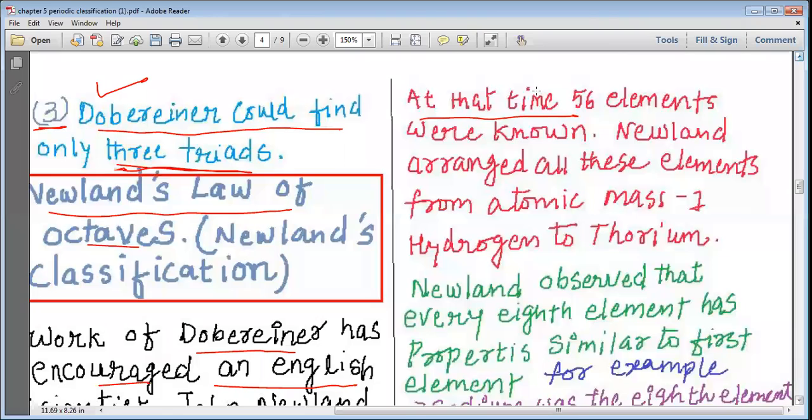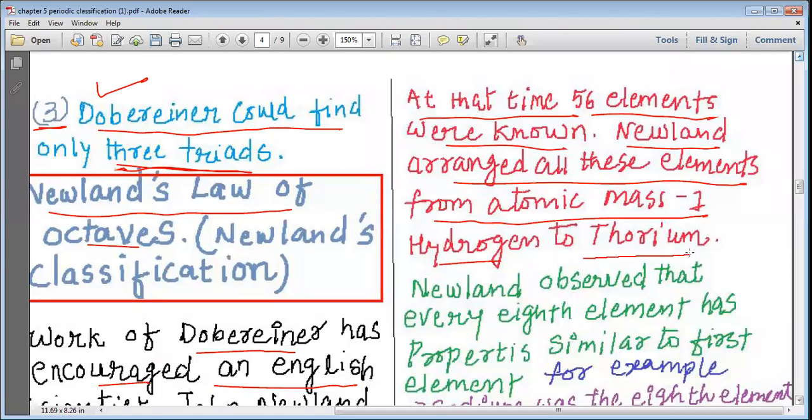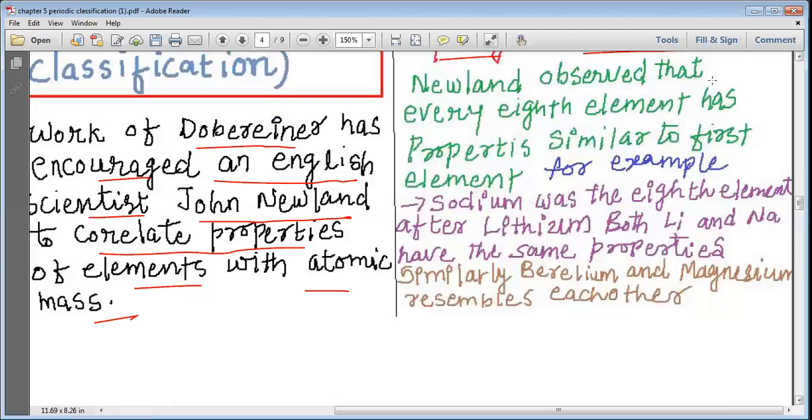At the time when John Newland started the classification, 56 elements were known. Newland arranged all these elements from atomic mass number 1, hydrogen, to thorium, the element with the highest atomic mass available at that time.